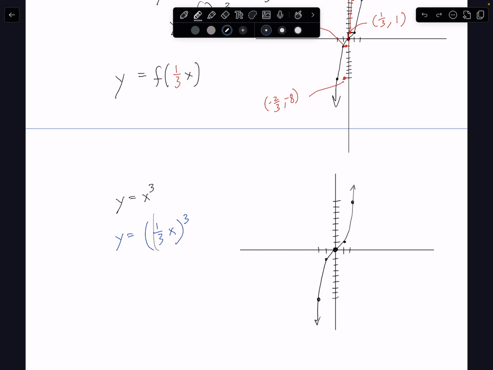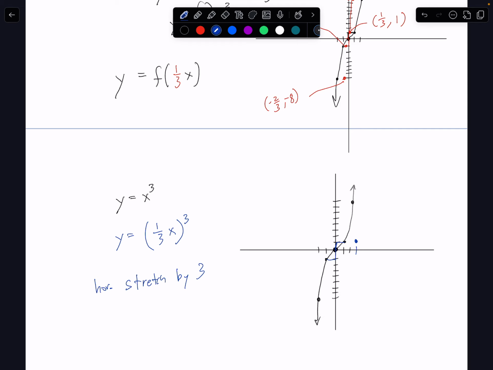Okay, now we're gonna do this guy. So remember, horizontal, it's the reciprocal. So if this number is 1/3, that means we're going to do a stretch. This is a horizontal stretch by 3. You flip this guy upside down, right? Okay, what does that mean? Normally, I go up 1 and right 1, right? But now, I'm gonna go up 1 and right 3.